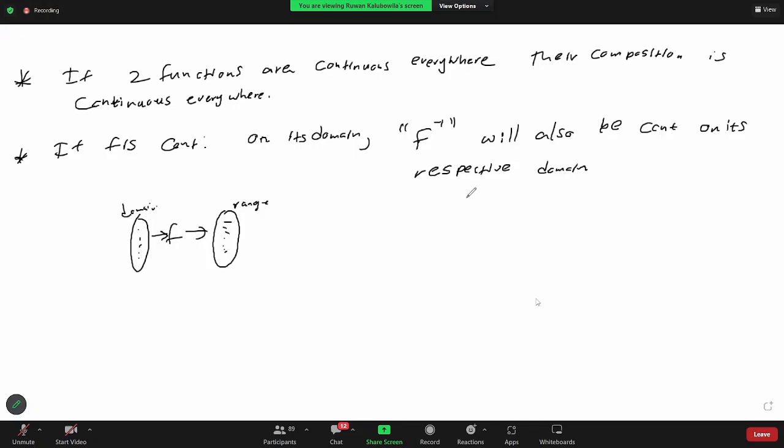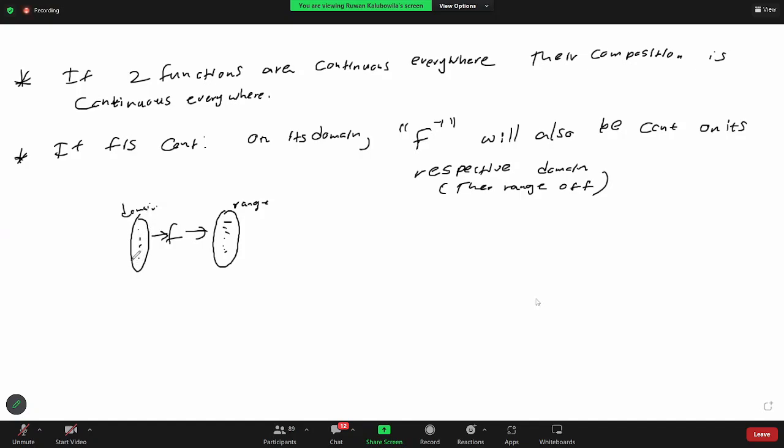Right? Respective domain means what? The range of f. Okay. First, we need to learn what is f inverse or inverse function of f.